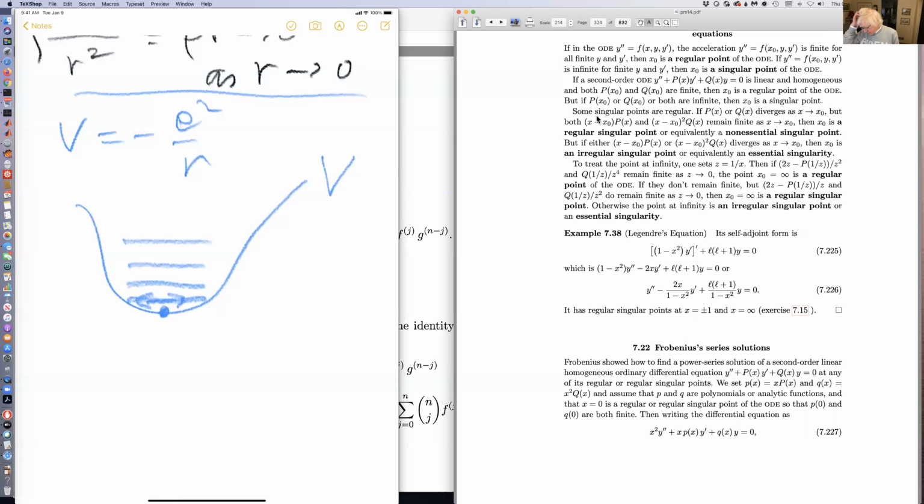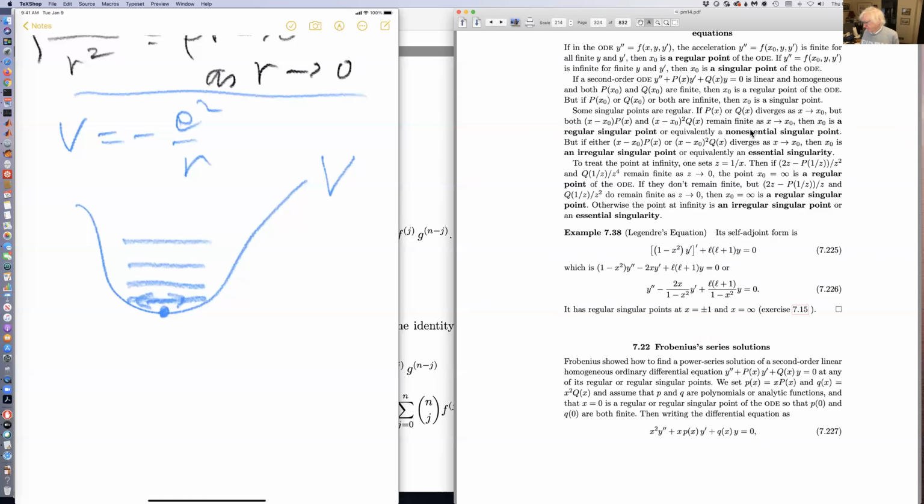Now the mathematicians or applied mathematicians distinguish among singular points. Basically, if p or q diverges as x approaches the singular point, but the singular point is no worse than a pole of first order in p and second order in q, in other words, if (x minus x0) times p and (x minus x0) squared times q remain finite as x approaches the singular point, then we say it is a regular singular point or a non-essential singular point.